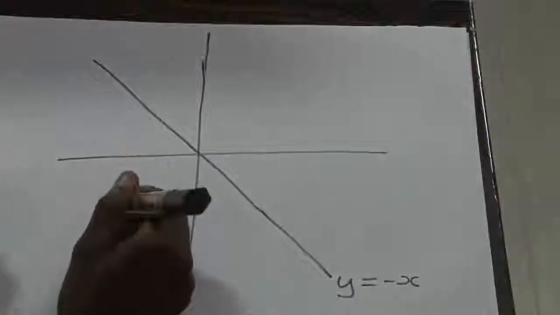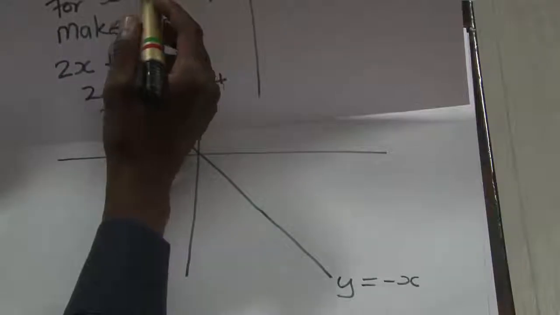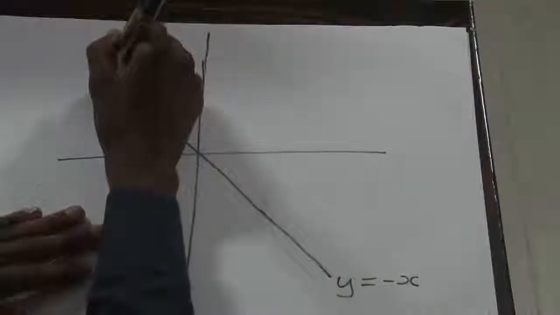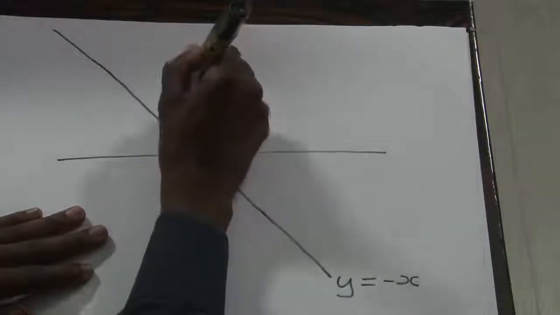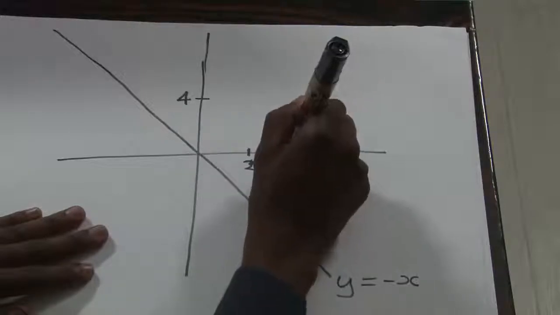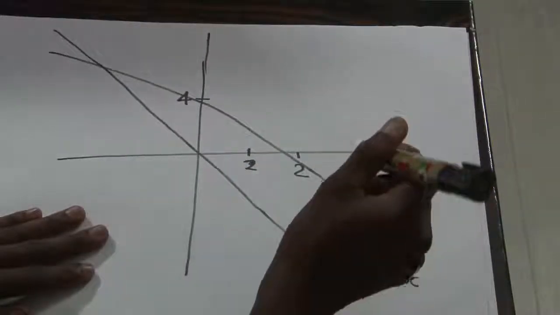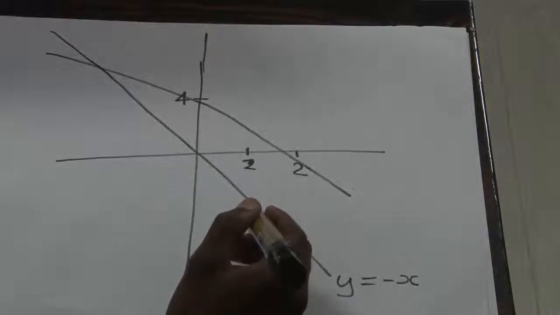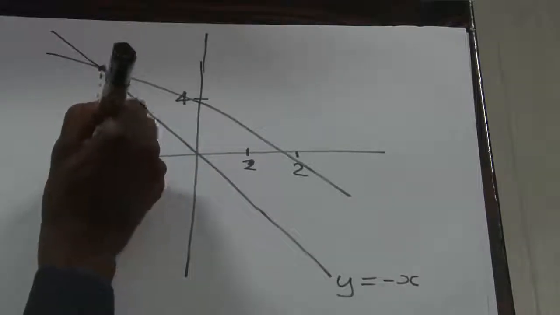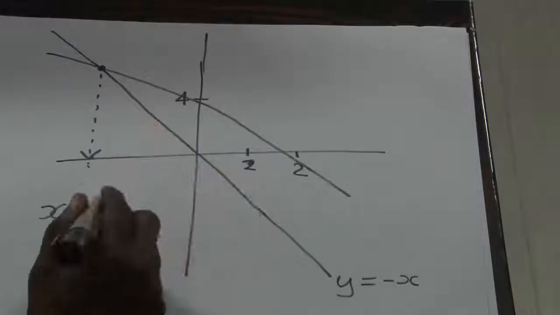Now also to consider this one, this is a graph passing through y equal to 4 and x equal to 2. It should be a straight line passing through 4 and 2. So where they meet, somewhere here, you read off that value and you write x is equal to that value. It will be a negative value.